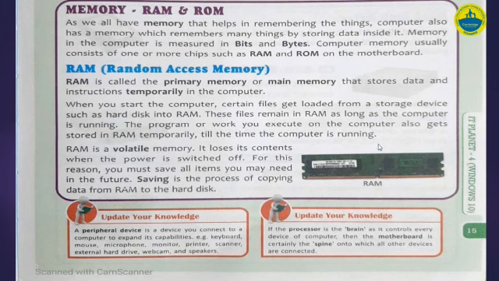Then everything present in the RAM will be erased immediately, as we shut down the computer or as, by chance, the electricity is switched off. So whatever work you are doing, you have to save it after completion.